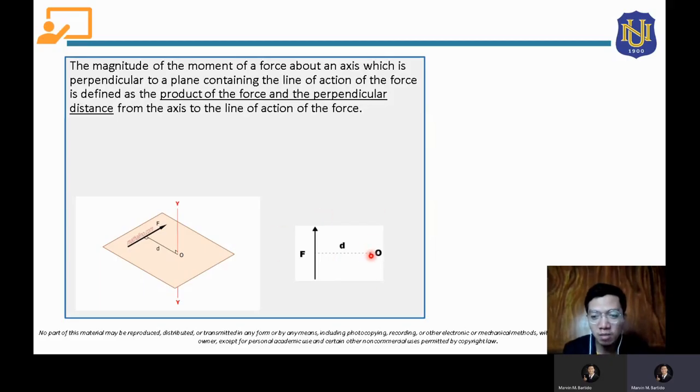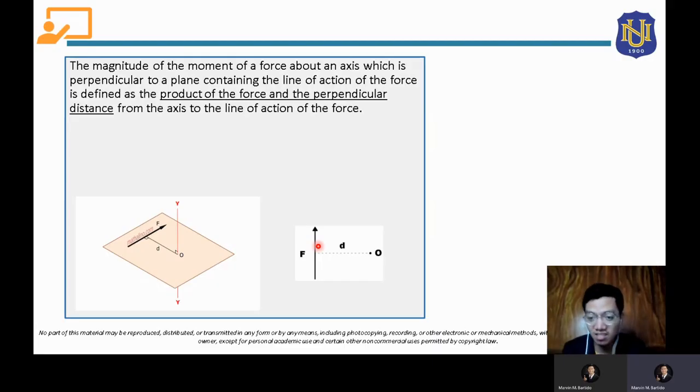So this will be the point O and this will be the force. In two-dimensional, if we want to measure a moment of a force, instead of an axis, what we need is a point. We also need a perpendicular distance from that point to the line of action of your force. Line of action means the line where your force is applied.